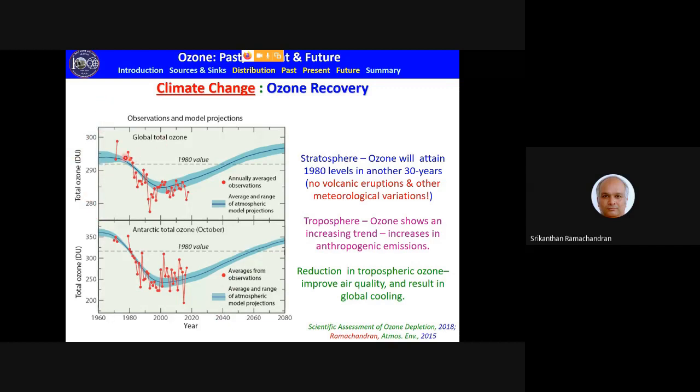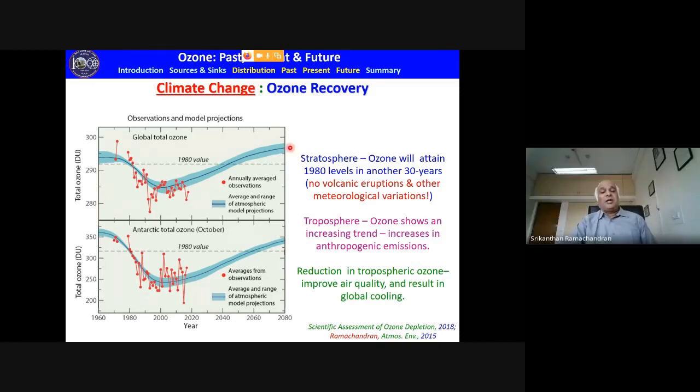This is a global total ozone, and what you are seeing in blue or green line is the model projection, and in red are the observations. The model is able to reproduce what was observed, and so this gives us the confidence to say that whatever the model is projecting can also be equally reliable.